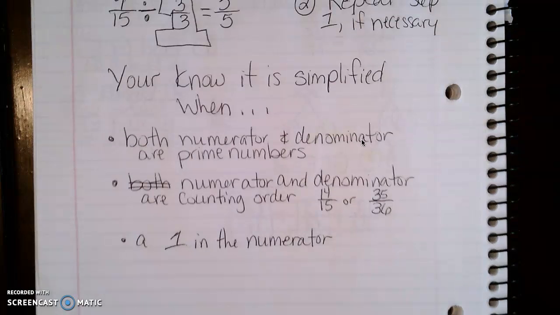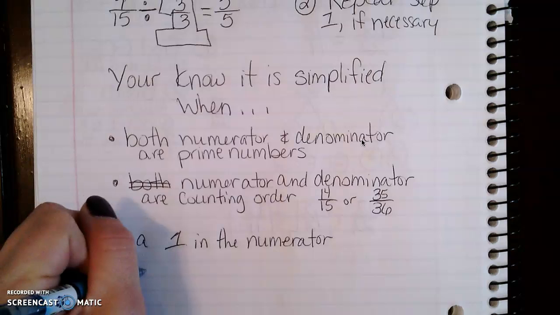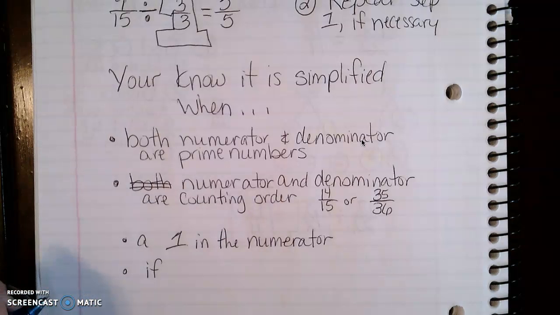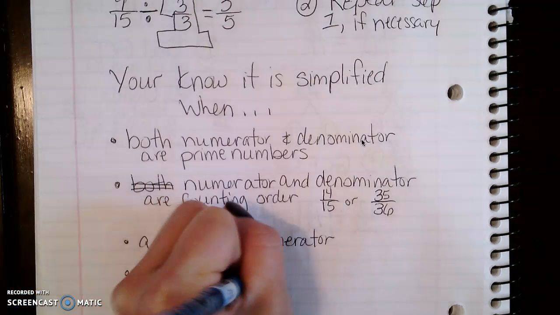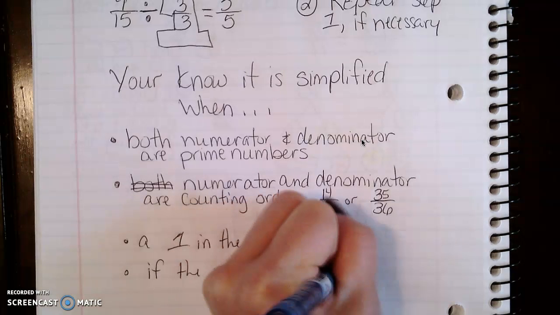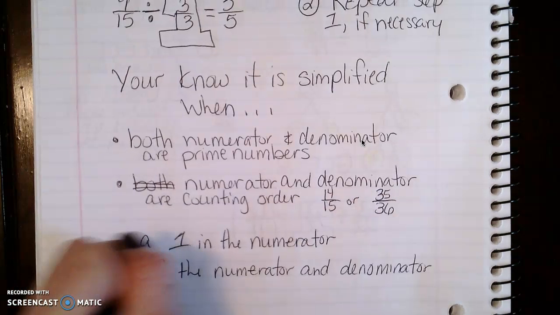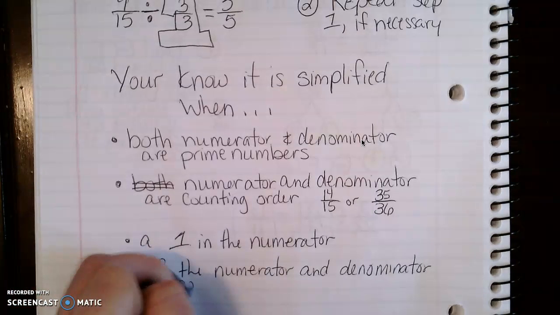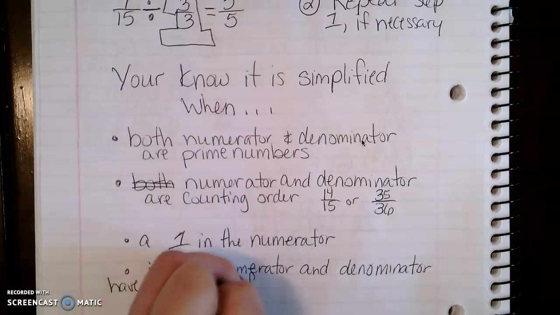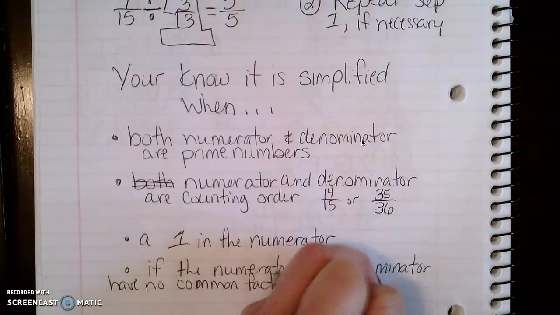And the last one is kind of the most complicated one. It's the one where it really requires you to know your multiplication, which is if the numerator and denominator have, sorry, I always make a mistake, I can't get away from it, have no common factors other than 1.